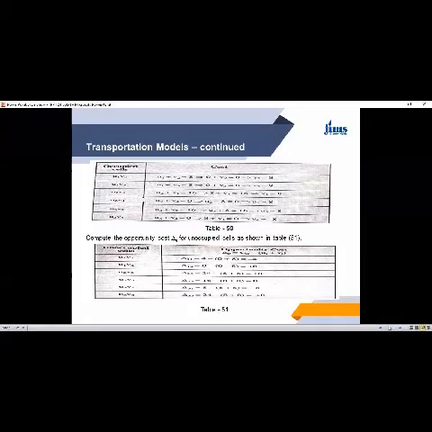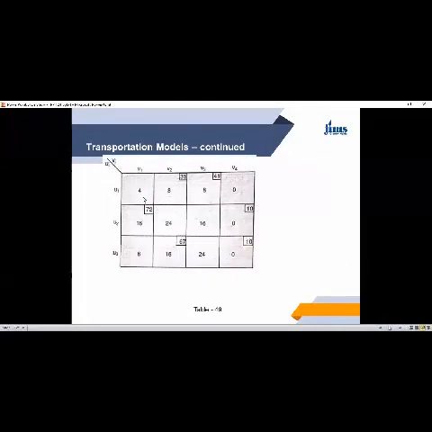Similarly, U2 plus V1 will be equal to 16. And U3 plus V2 will be 16.